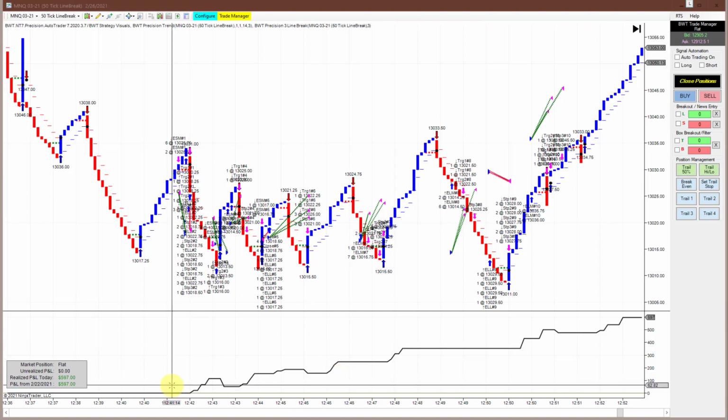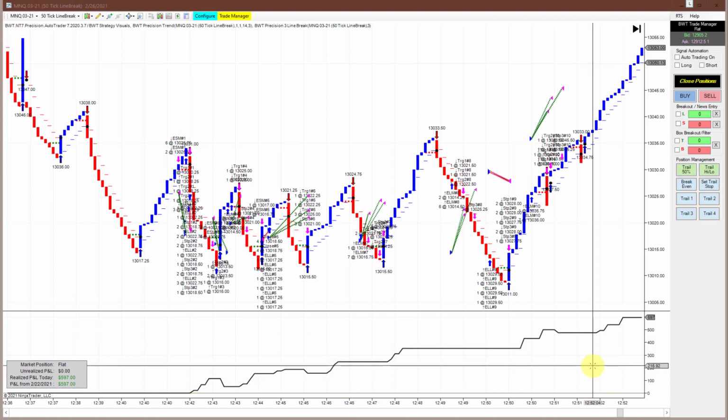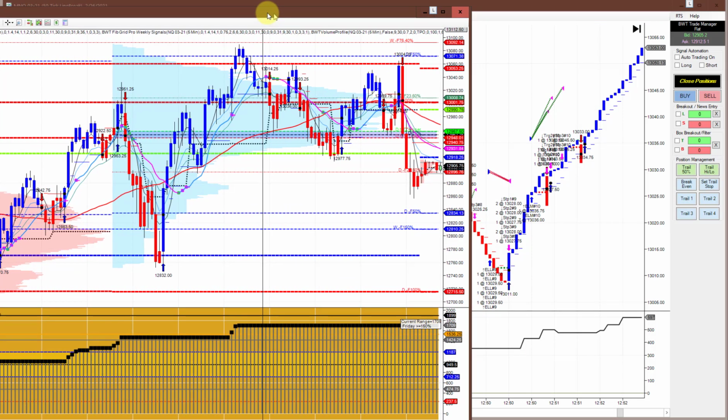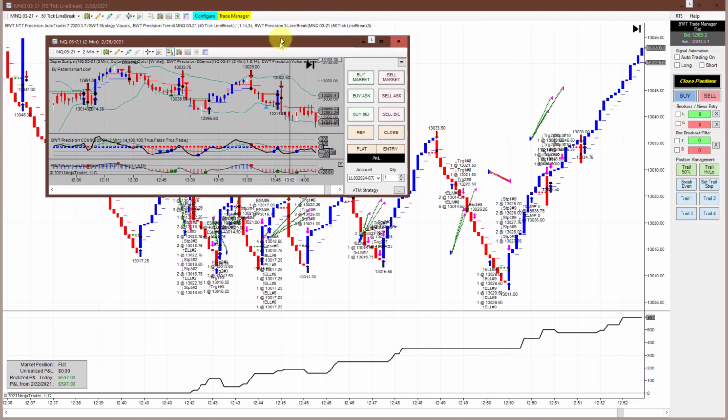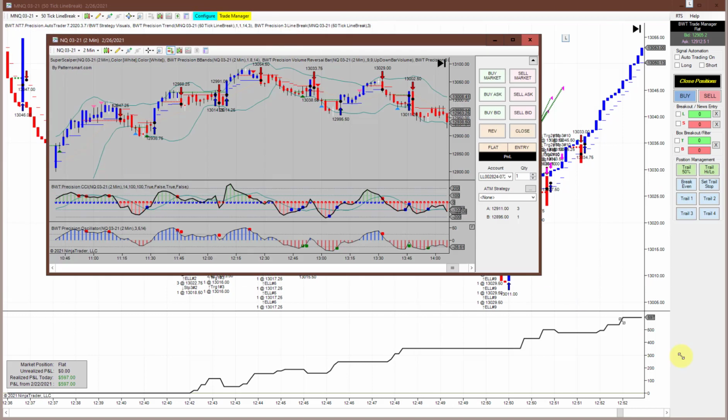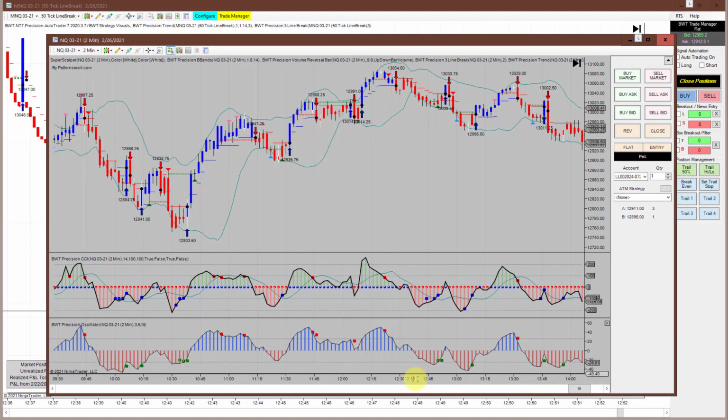Trading took place between 12:40 and was finished by 12:52. So again, on the 5-minute chart, let's look at a smaller chart so we can see a little bit more swings here. So a 2-minute chart might show this action a little bit better. So here is 12:40.